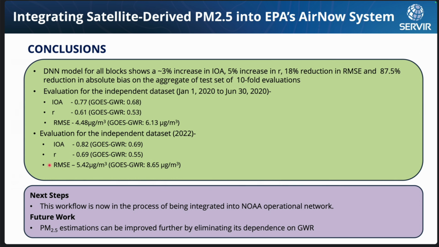We also evaluated this model for the whole year of 2022, where we found this model again outperformed the base GWR model. So the next step for this project is that this framework is now integrated in the NOAA operational network.